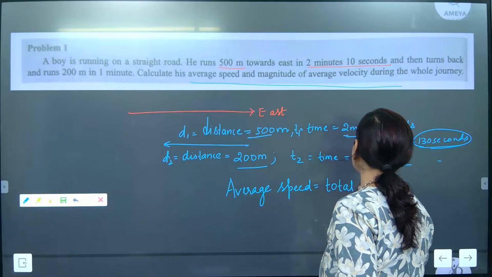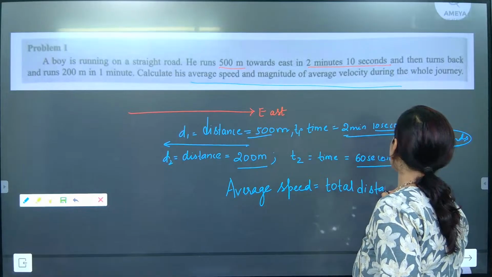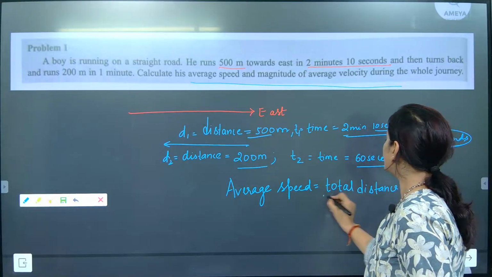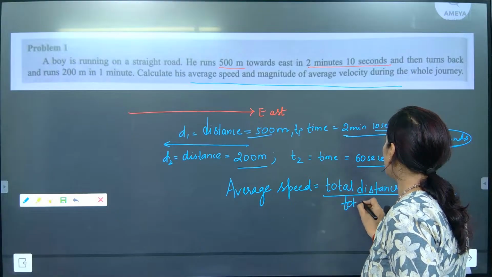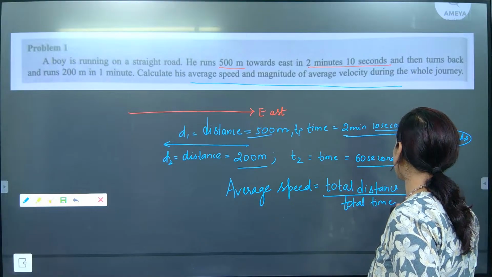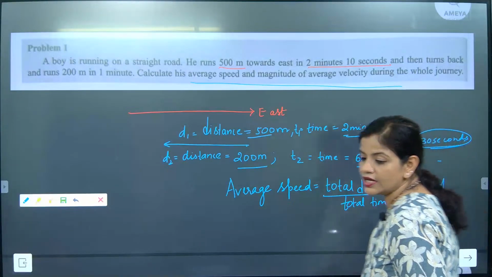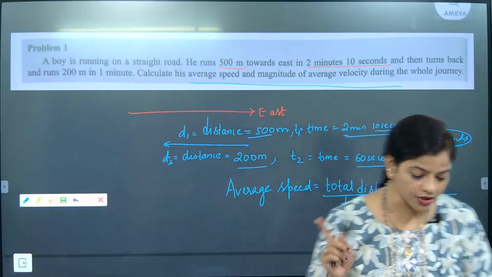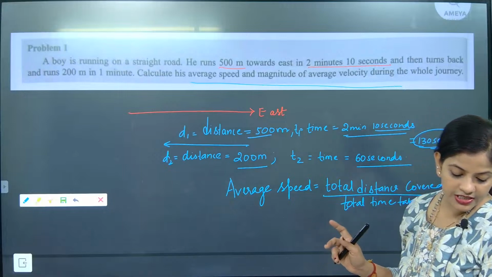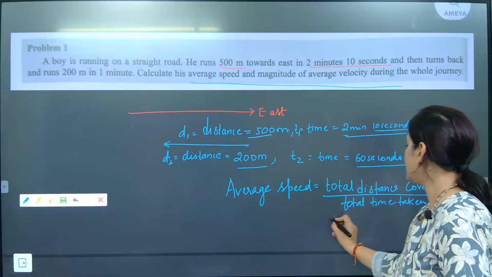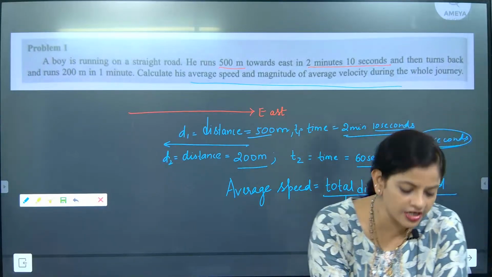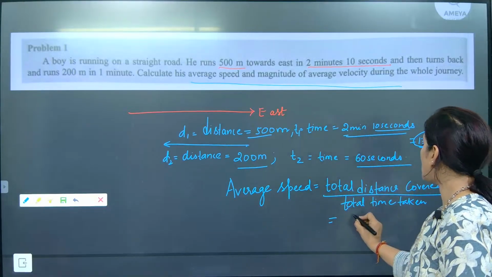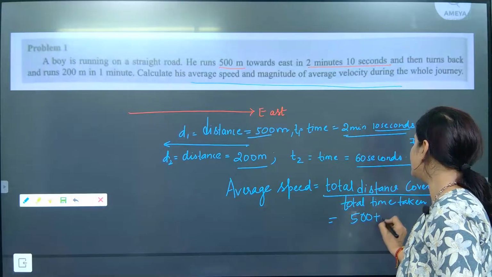Total distance covered by total time taken. So what is the total distance covered here? 500 plus 200.